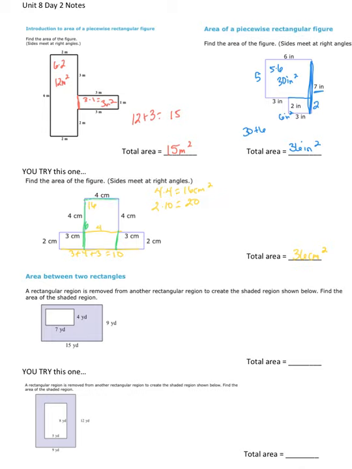And 4. So in green, it's 4 times 6, 24 centimeters squared. And this one, 2 times 3 is 6. And 2 times 3 is 6. And when you add them up together, you get 36 centimeters squared.